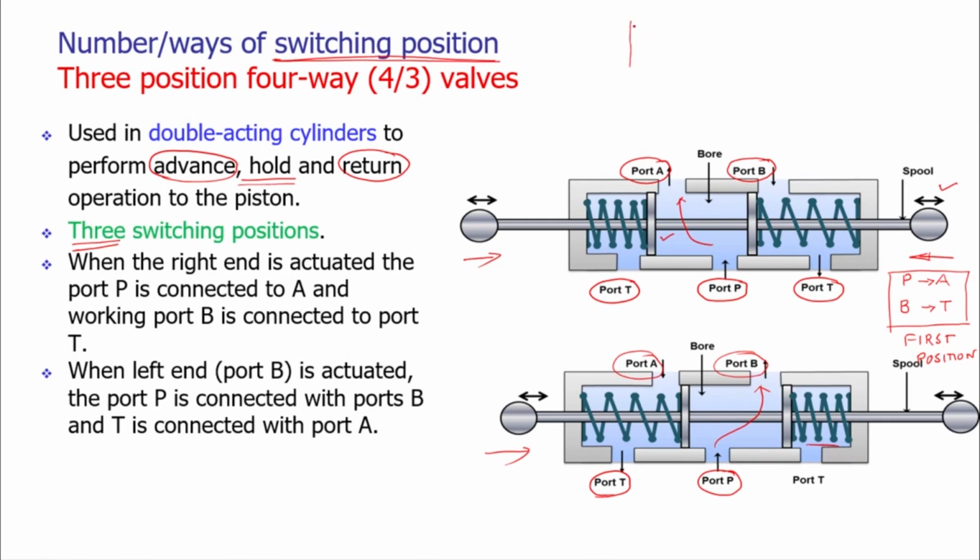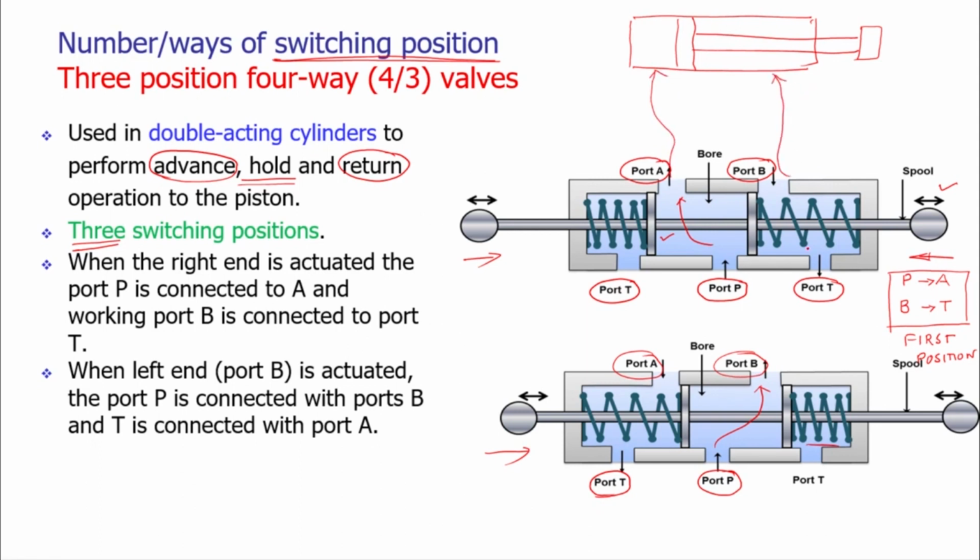Let us consider we are having this cylinder here, the actuating cylinder which is having a piston, and we can have the connections. So if this portion is connected over here and this portion is connected over here.